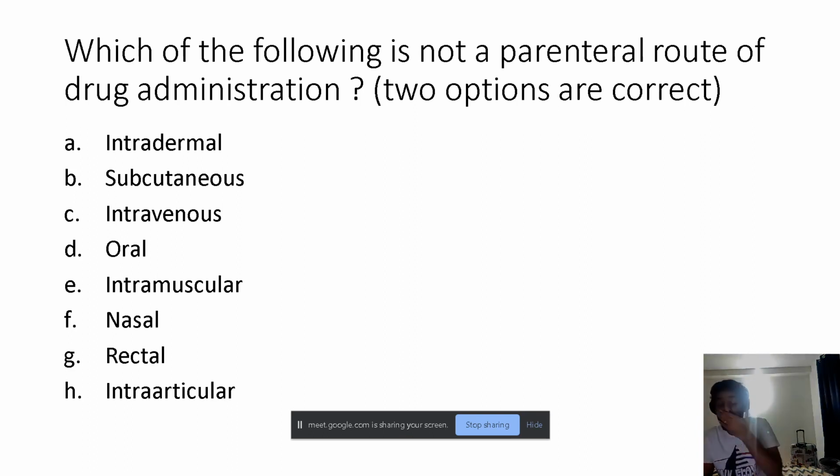Mostly nasal gives access to the respiratory system and central nervous system. It does not go to the digestive system. Something that's not parenteral has to go to the digestive system, right? So oral and rectal are the two modes of drug administration that go into the digestive system. So those two are the correct options.